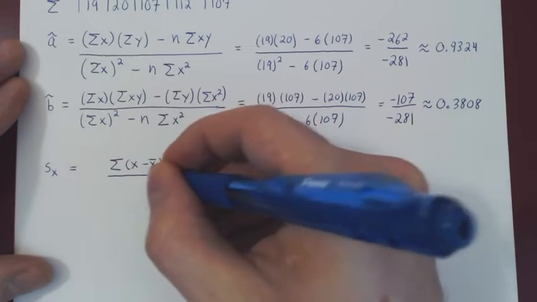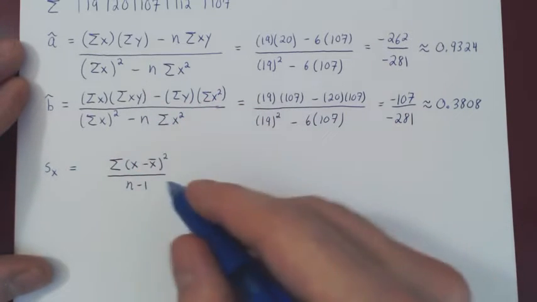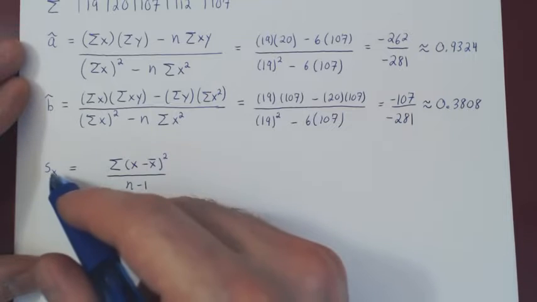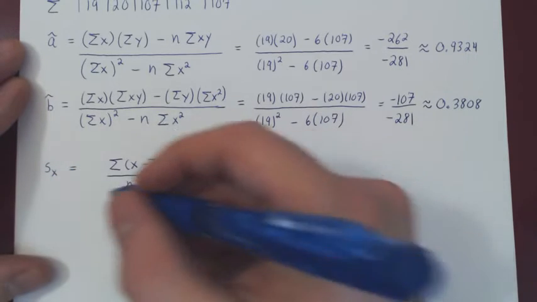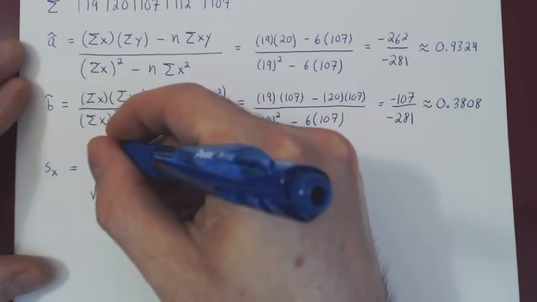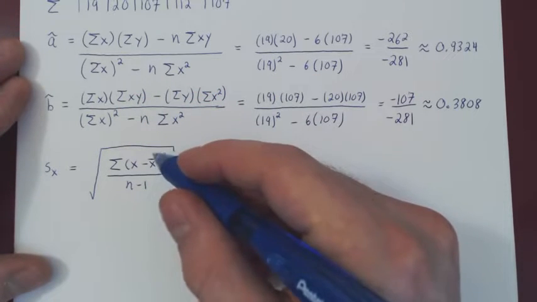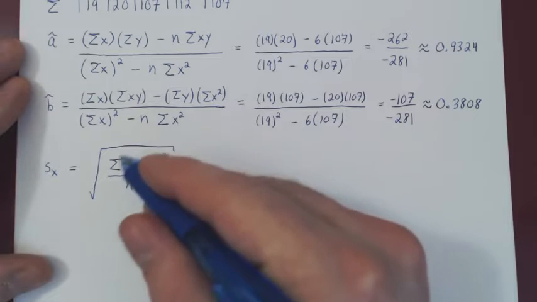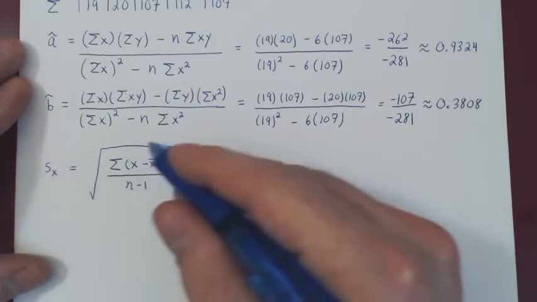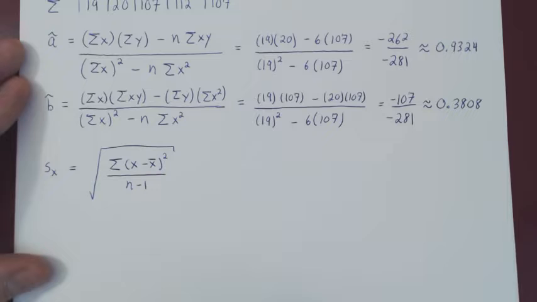We divide by the number of values, so n minus 1, but that is the sample variance. The standard deviation, of course, is the square root of the variance. So of course we could compute our sample mean from the definition and the variance from the definition, take the square root, and we have our standard deviation.